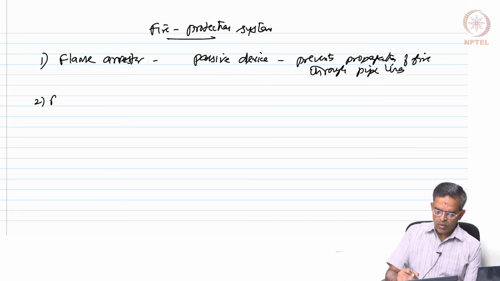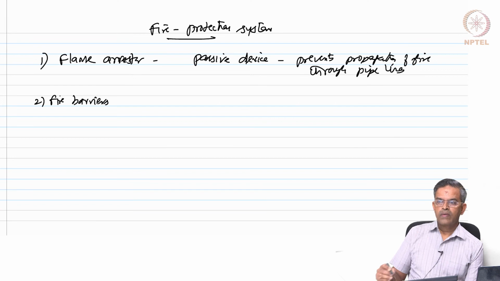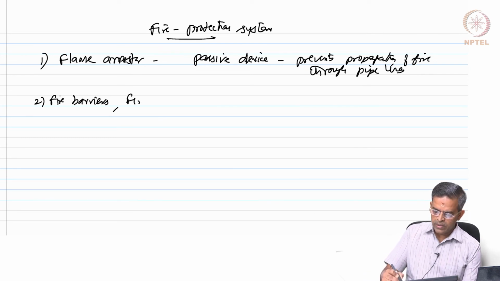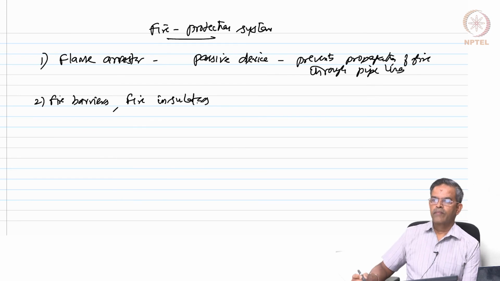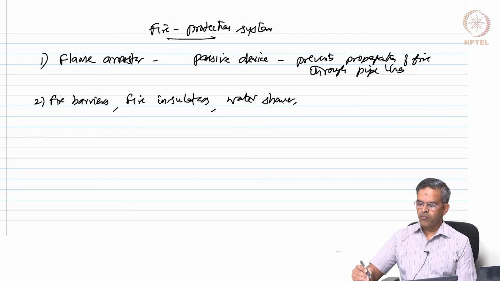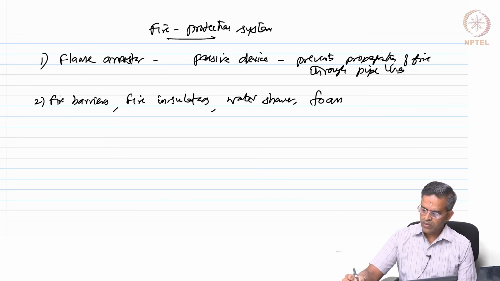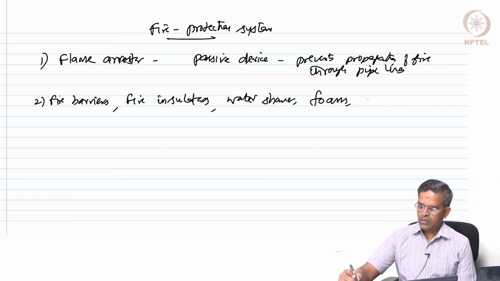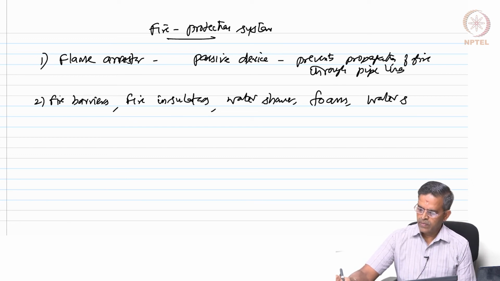The second one is called fire barriers, fire insulators, water shower, foams, water spray lines, etc.